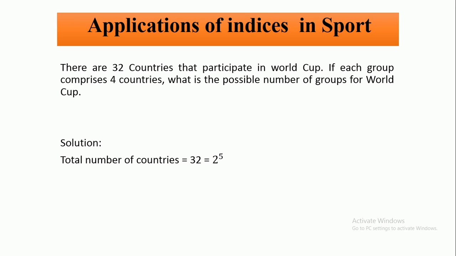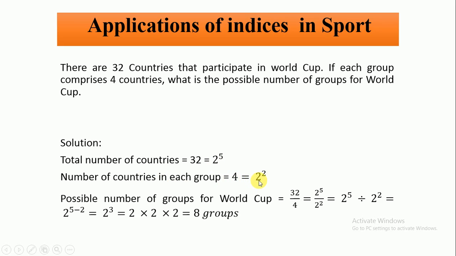The total number of countries that participate in the competition is 32, which can be expressed as 2 raised to the power 5. The number of countries in each group is 4, which can also be expressed as 2 raised to the power 2.